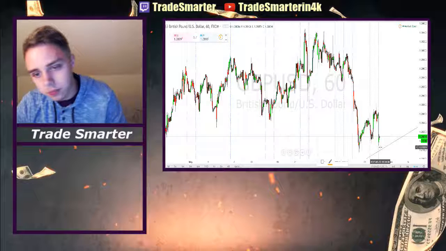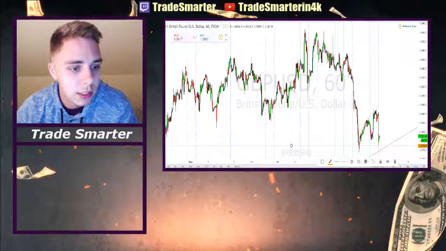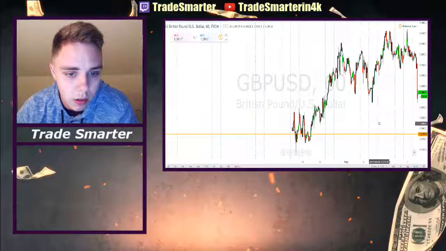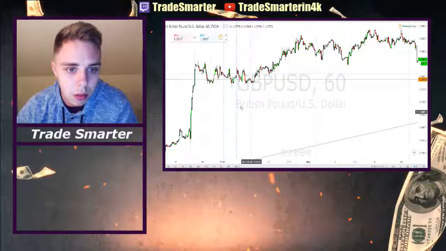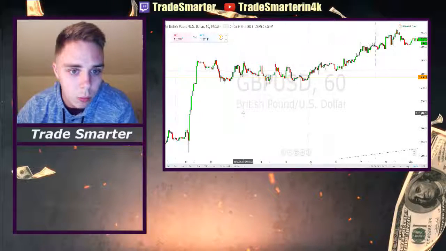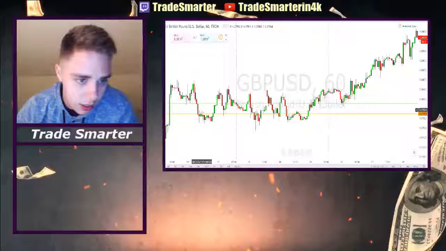Excuse me. So I placed this line here without knowing if it is or not. So let's go over and see if it is. We want to see both it topping out and hitting it in just different ways. Yeah, I mean, it kind of hits it here a little bit.